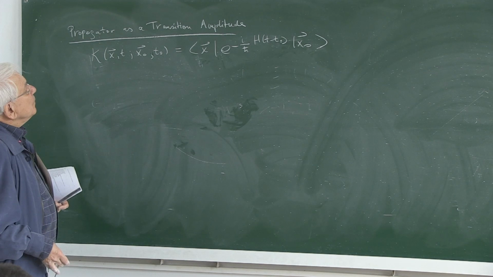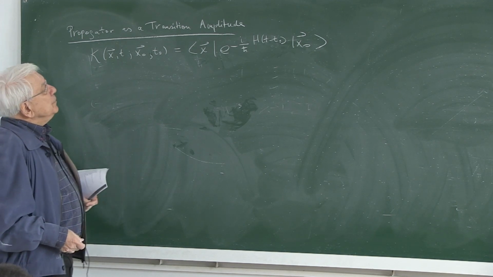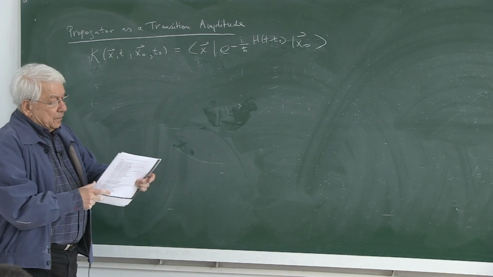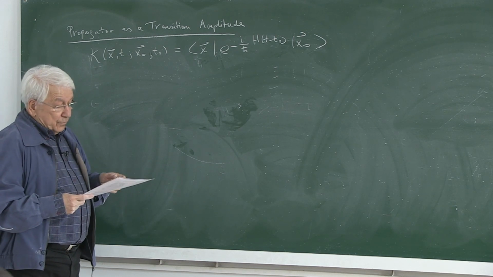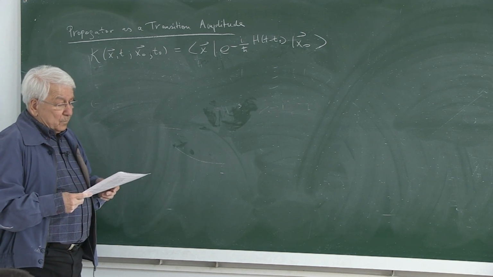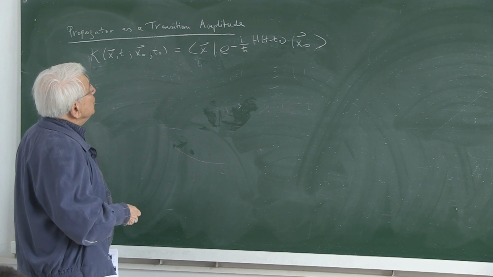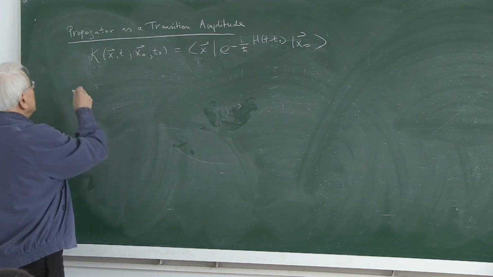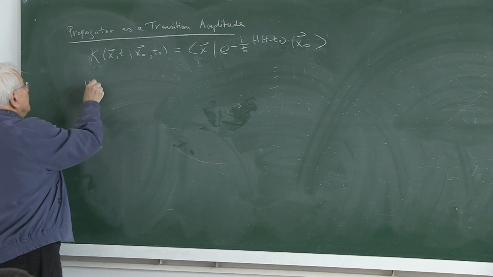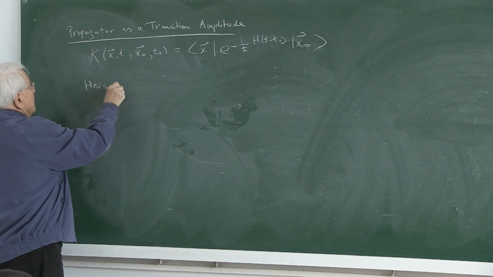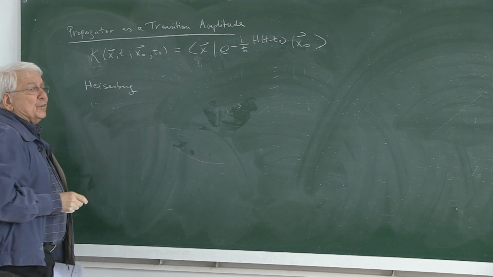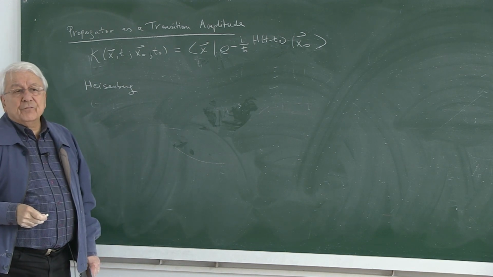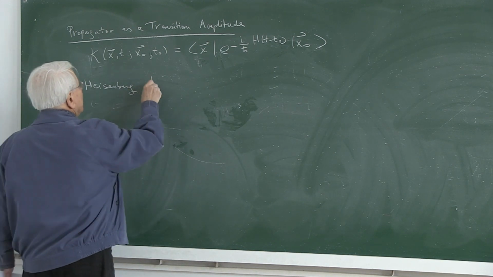How do we proceed to construct this? Well, the construction proceeds in the following way. First of all, let us remind ourselves of the Heisenberg picture description of the position operator eigenvalue problem.